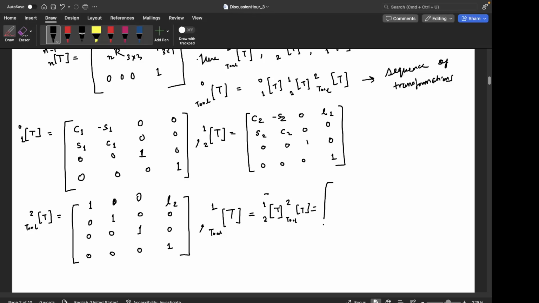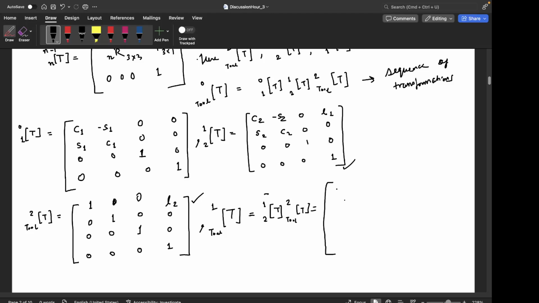I'll directly write the multiplied matrix. Basically, we have to multiply this matrix with this matrix, taking the first row of the second matrix and then multiplying. This matrix multiplication I will do here only, so just bear with me while I multiply these matrices.